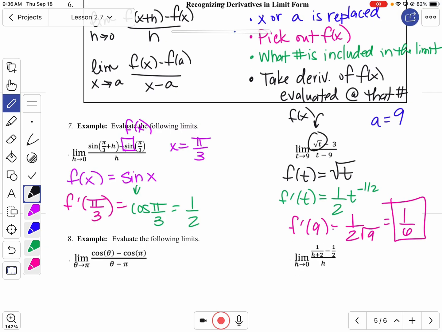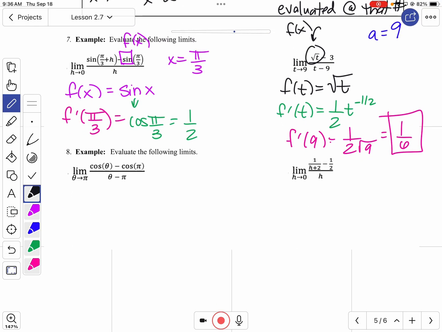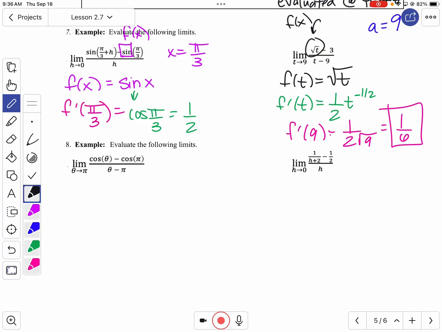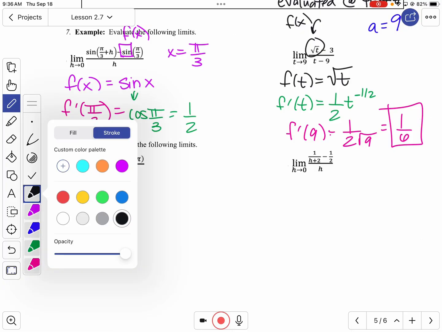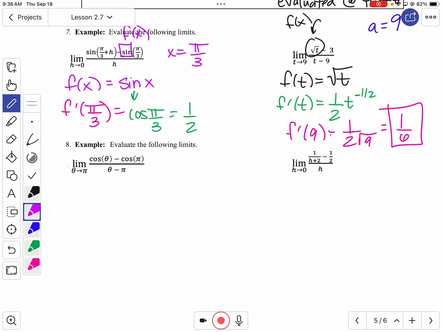All right, let's look at these last two. We're going to be done. What is your x value in the first one? Pi. What's your function? Cosine. Okay, so let's take a derivative.